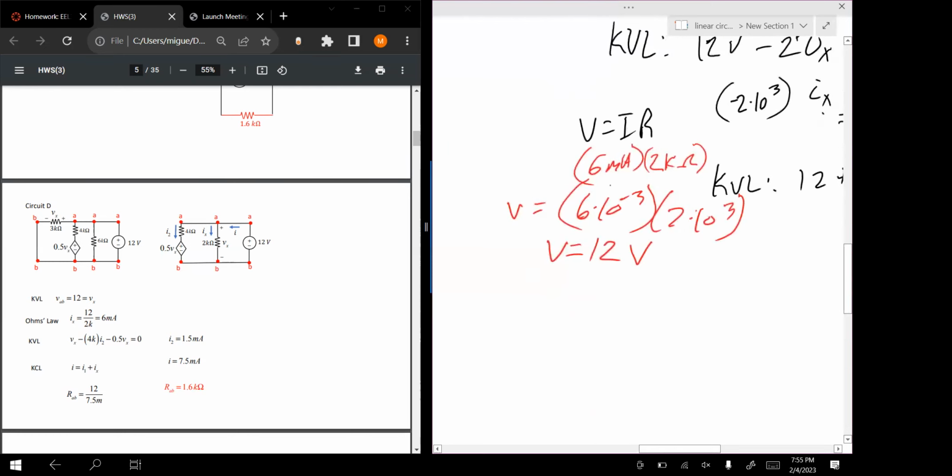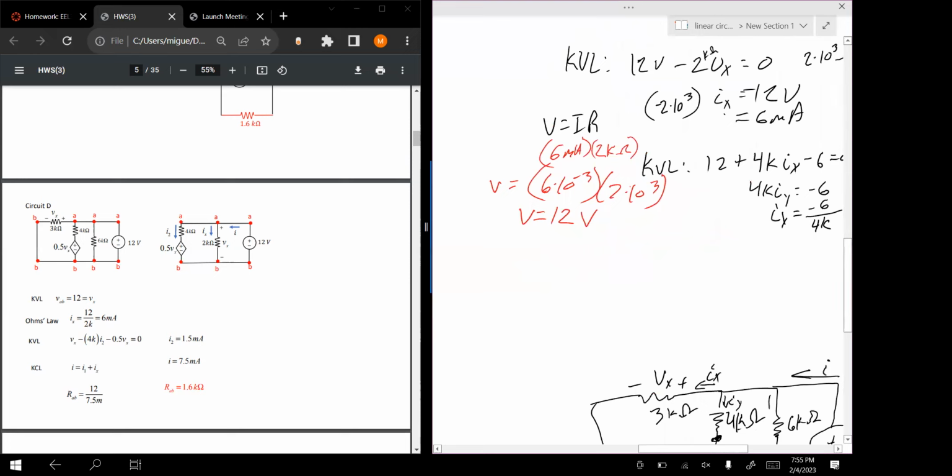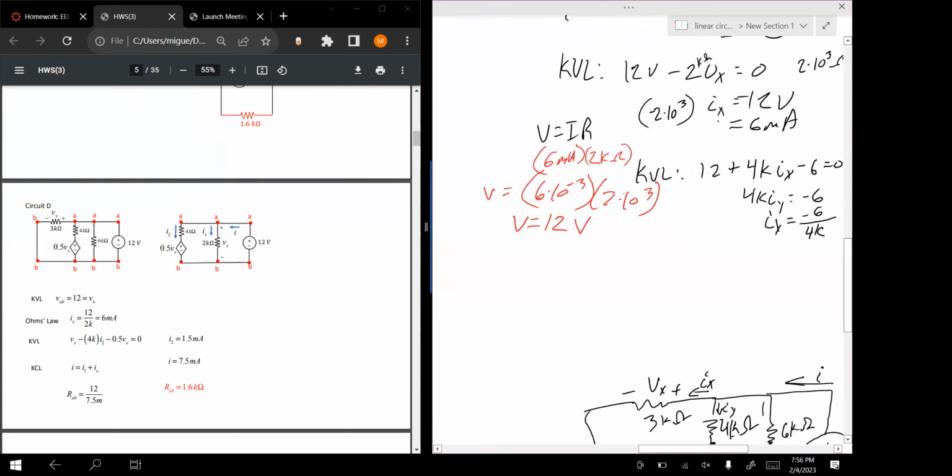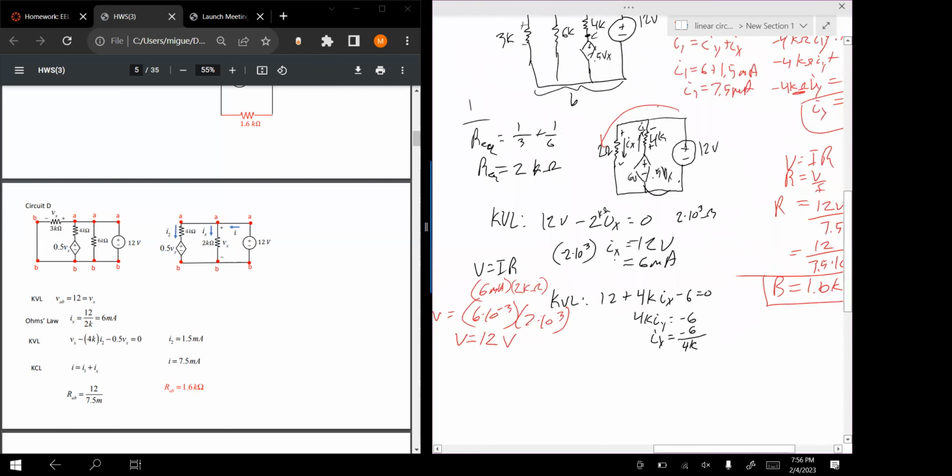I grabbed the 6 milliamp current, and then I multiplied that by the combined 2 kilo ohm resistance to find V, which is interesting. It's the same voltage, but my question is why.